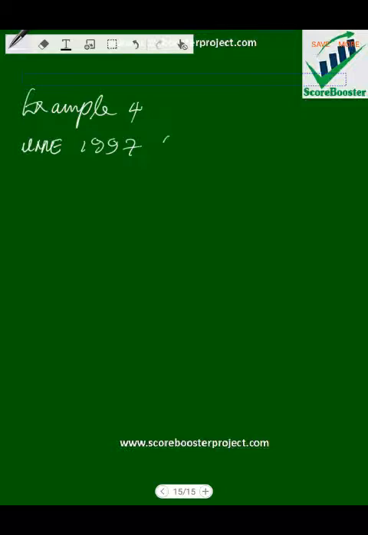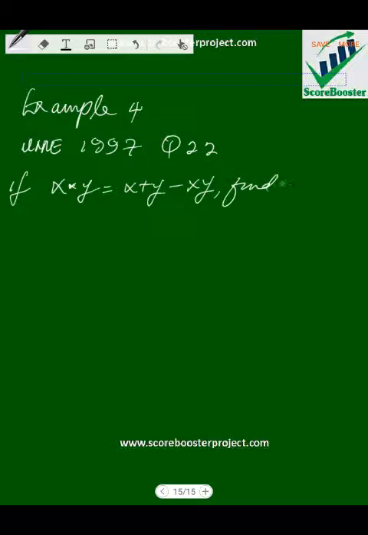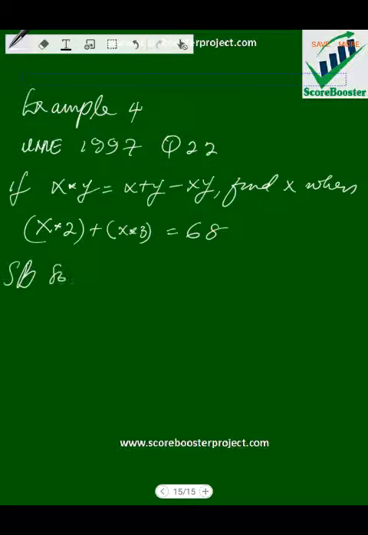Question number 22 is like this: if x star y is equals to x plus y minus xy, find x when x star 2 plus x star 3 is equals to 68. Score booster solution.